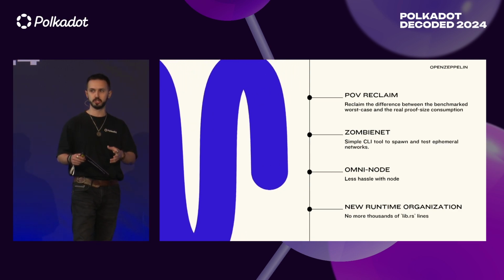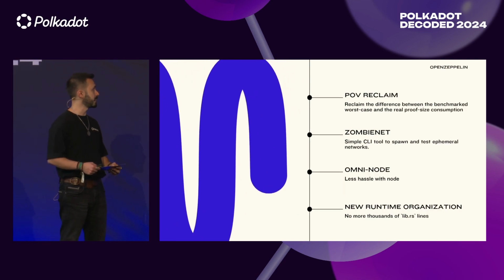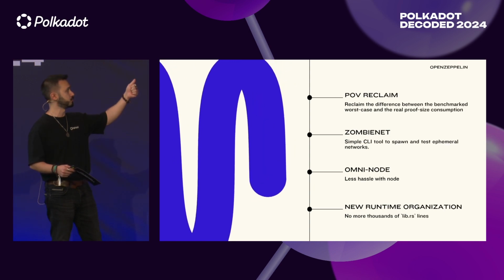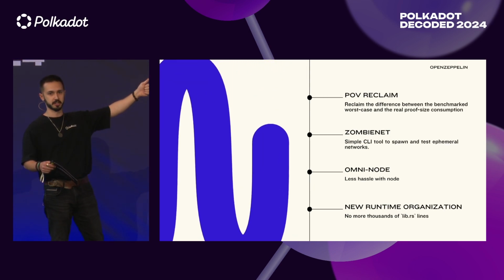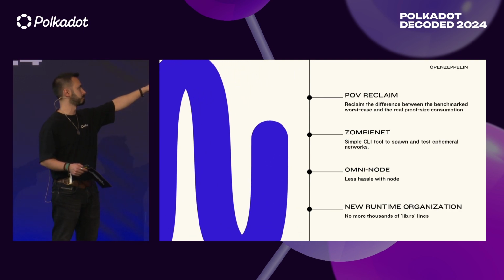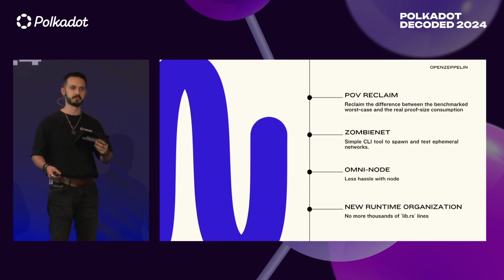So in production, usually, the required weight is not that high. And you can add a simple couple of lines of code to your code base to enable proof of validity reclaim. If you do not know which code to add, please take a note. Just proof of validity reclaim and Substrate documentation is good enough for that.